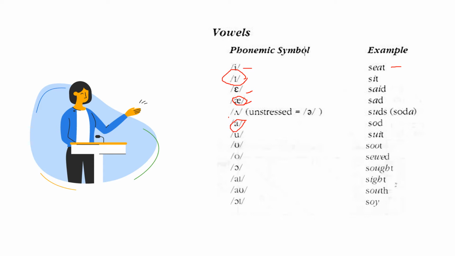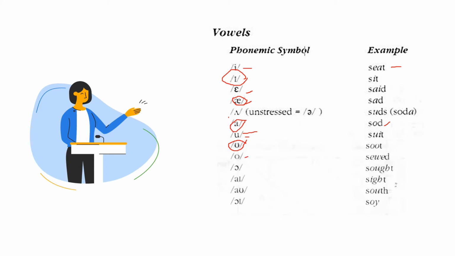Then next is letter A. The usual letter A sounds like sod. This one is a long oo sound. For example, suit, you, two. Next one, this is a more relaxed oo sound, and it is pronounced like soot, foot.